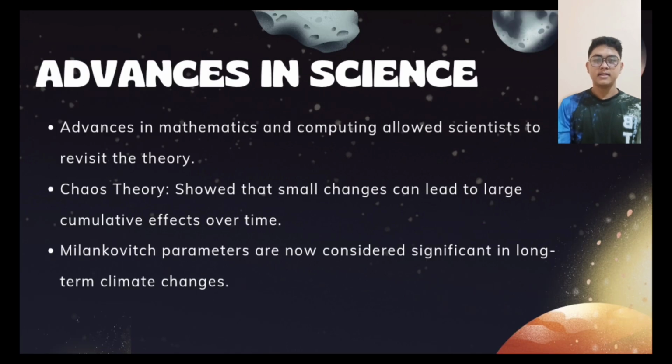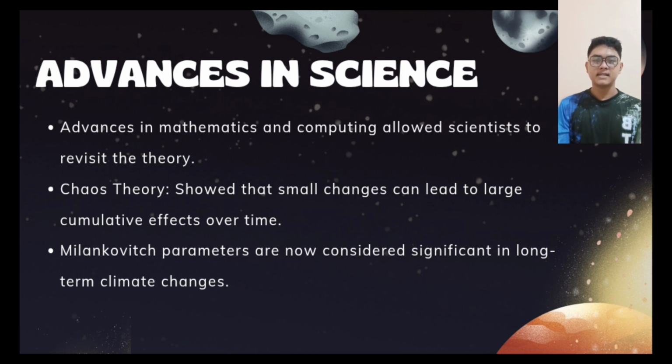Next, let's go to the advances in science. Over the years, advances in science provided tools and methods to revisit and validate Milankovitch's theory. Advances in mathematics and computing allowed scientists to revisit the theory.